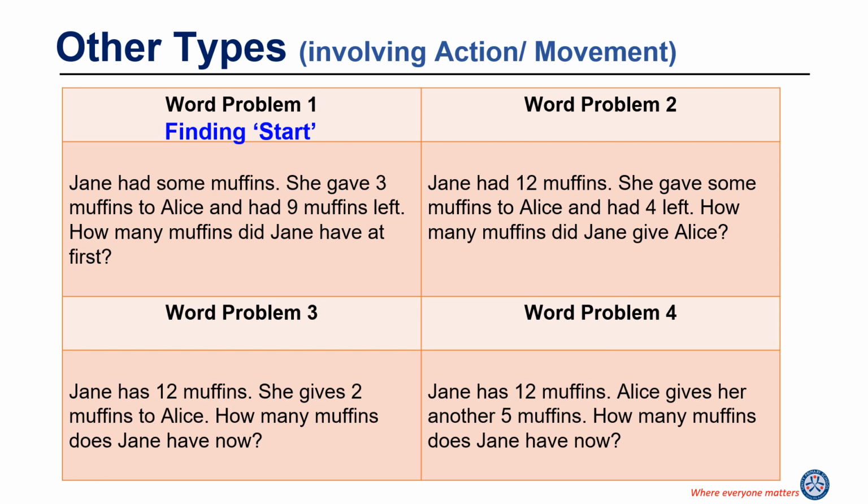For word problem 2, we are finding the number of muffins Jane gave Alice, which is the change. For word problem 3 and 4, we are finding the end result, which is the number of muffins Jane has now. However, there is a difference between word problem 3 and 4. We will explain further in the following slides.